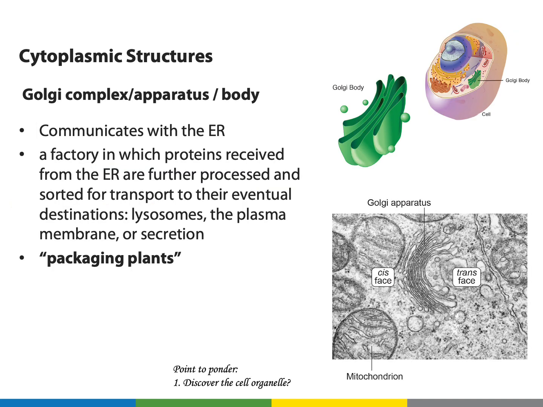Another cytoplasmic structure is the Golgi complex, apparatus, or body. This is the only organelle named after its discoverer. I want you to find out who this discoverer is. That's an additional note.